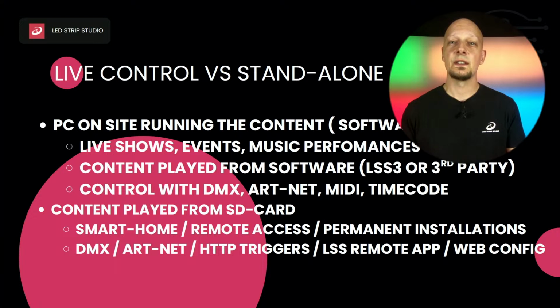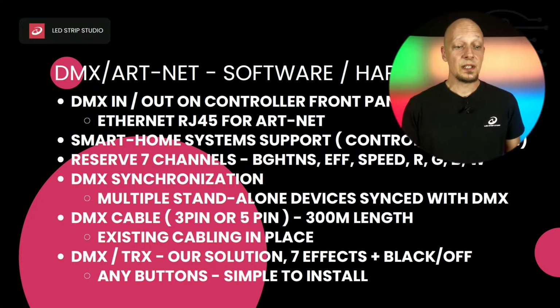Or if the device is on the same network as your phone, then you can use good old web config, which is an HTML page built into the SPI matrix or LEC3. You can access the web player, you can scroll through animations, and you have live control available. We will go through all these, and if there are no questions in regards to this, probably not, we will start with DMX.